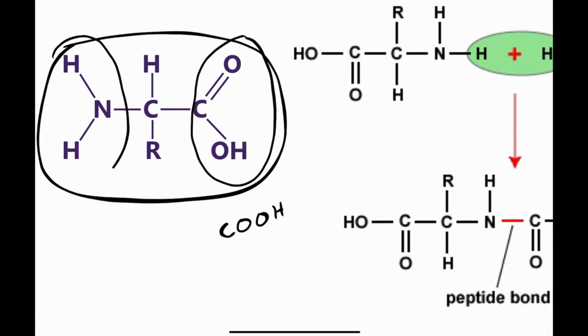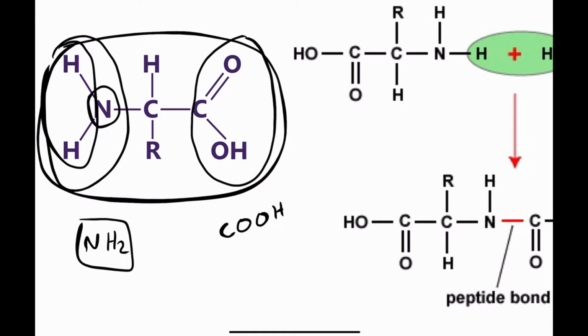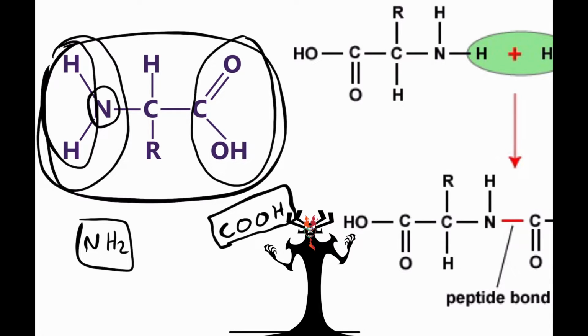And then our amino group with NH2, and we can always tell that we have an amino group by the nitrogen and the two hydrogens, amino, and then our COOH, our carboxylic acid.